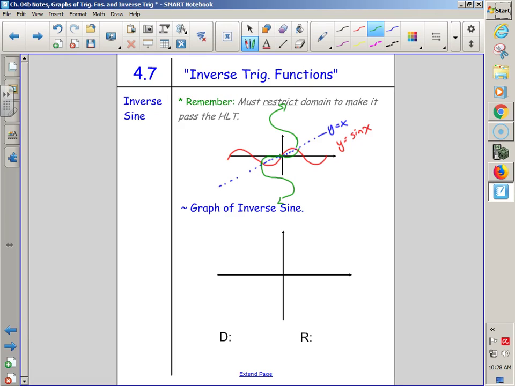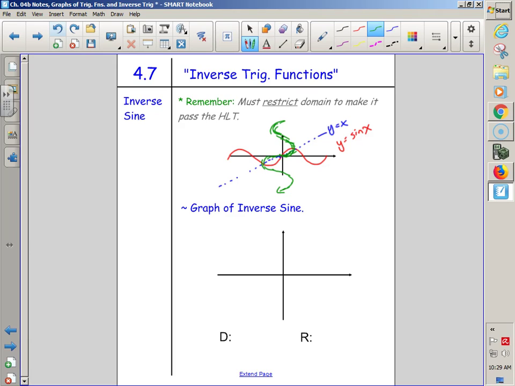Now my reflection is a little bit messy. I'm trying to make it just a little bit nicer. It shouldn't be quite that wide. It should be leveling off right about there. There we go.